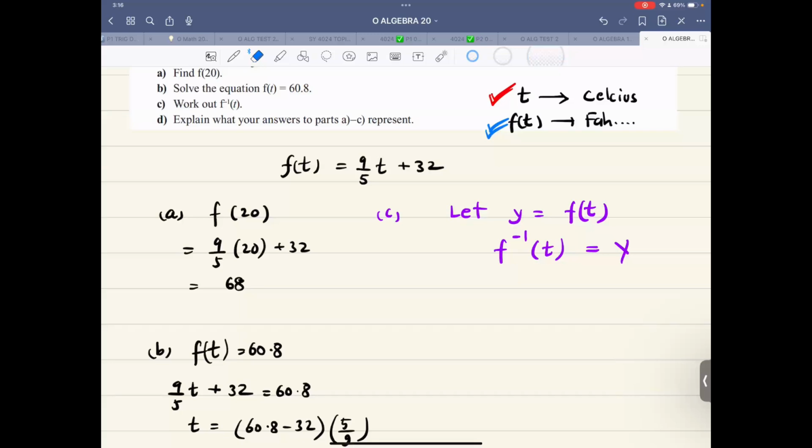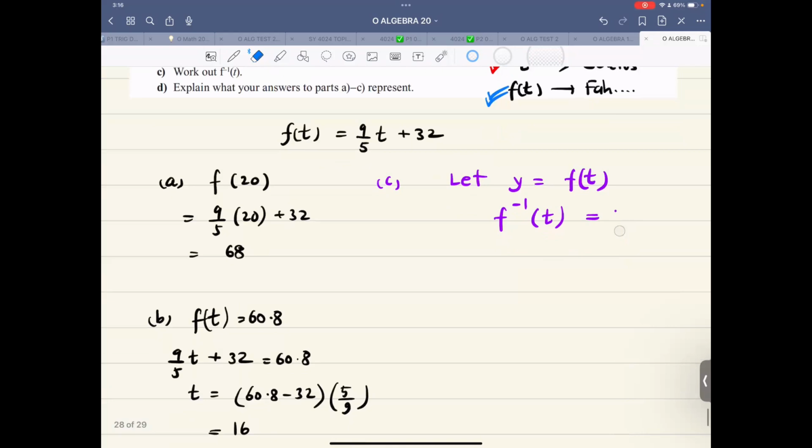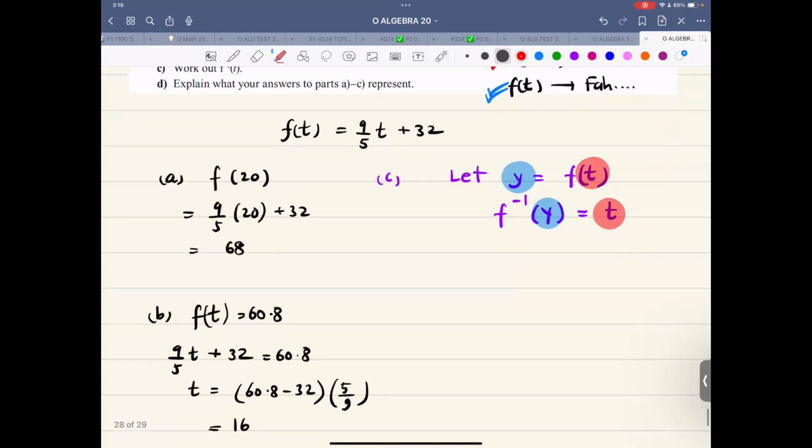Y is equal to f of x, so f inverse of y is equal to t. Now remember the dots that I used: this one is input and this one is output. If you plug in the output, you will recover the input.